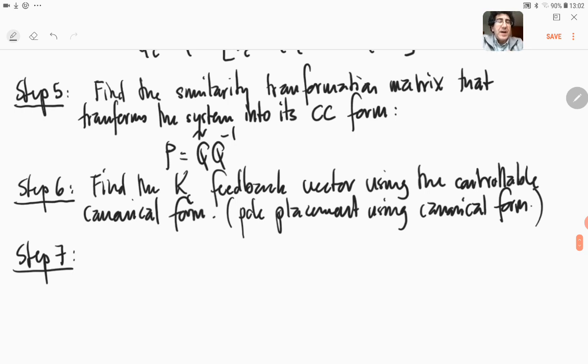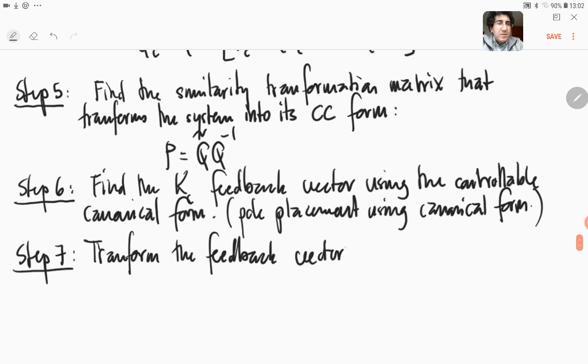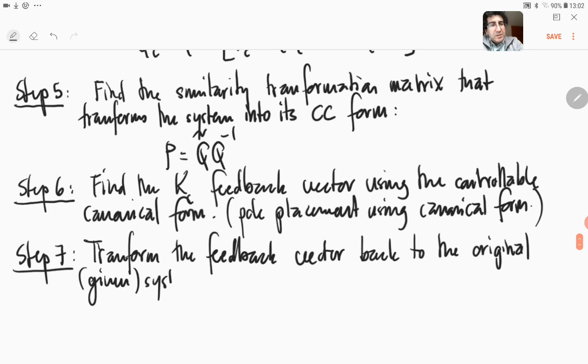And now the final step is to transform this feedback vector found over the canonical form to be applied to the original system. Transform the feedback gain vector back to the original given system.